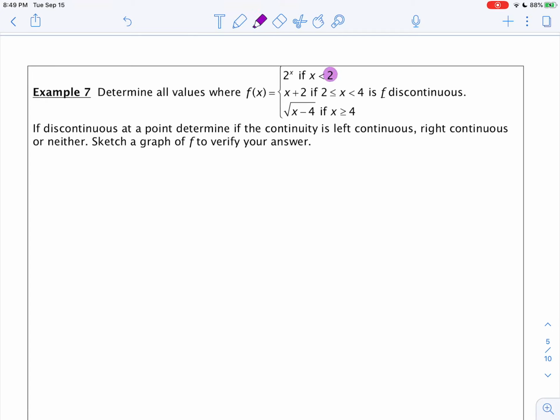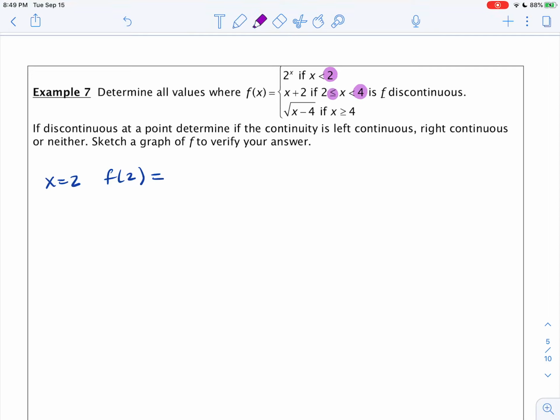We actually want to look at x equal to 2 because that's a break off where we're going to change the shape of the graph, and also at x equal to 4 because that's another place where we're going to break off. Good. So at x equal to 2, what is f of 2?